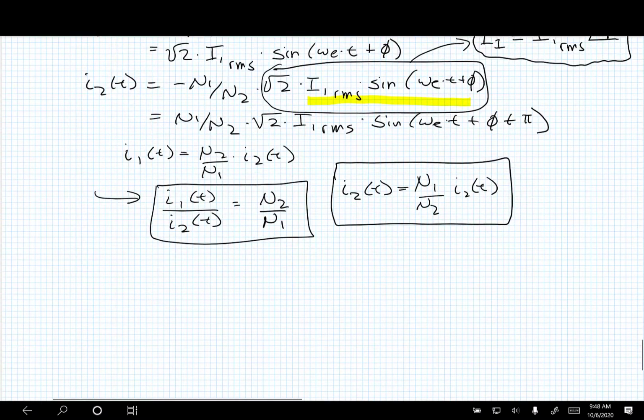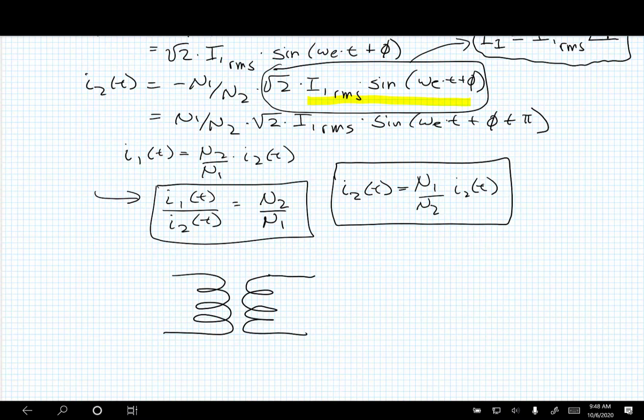And typically when you look at a transformer, we're getting to a much more practical transformer shape. I've got the current going in the primary and the current coming out of the secondary.